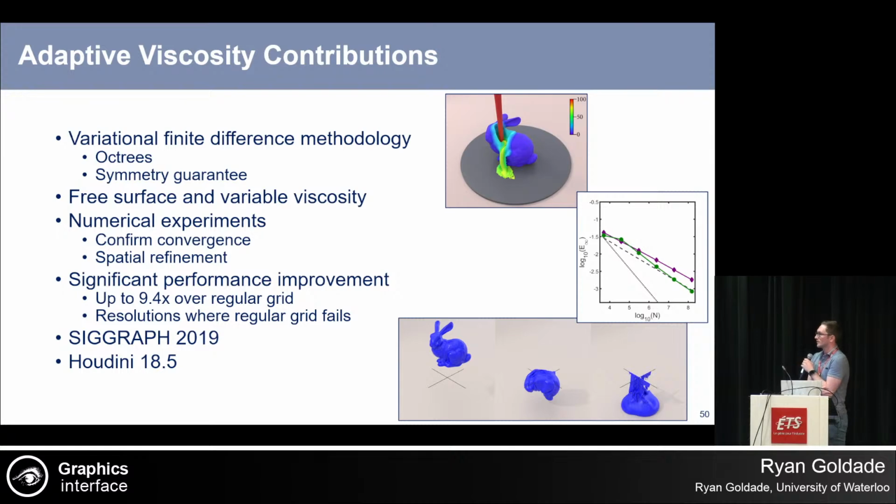And we show that we can achieve a 9.4x speedup in some of our examples, and then in other cases, like the bunny wire example, the regular grid approach just completely fails. So we were able to simulate at higher resolutions than you could previously. And we presented this at SIGGRAPH in 2019, and this became a feature in Houdini 18.5.